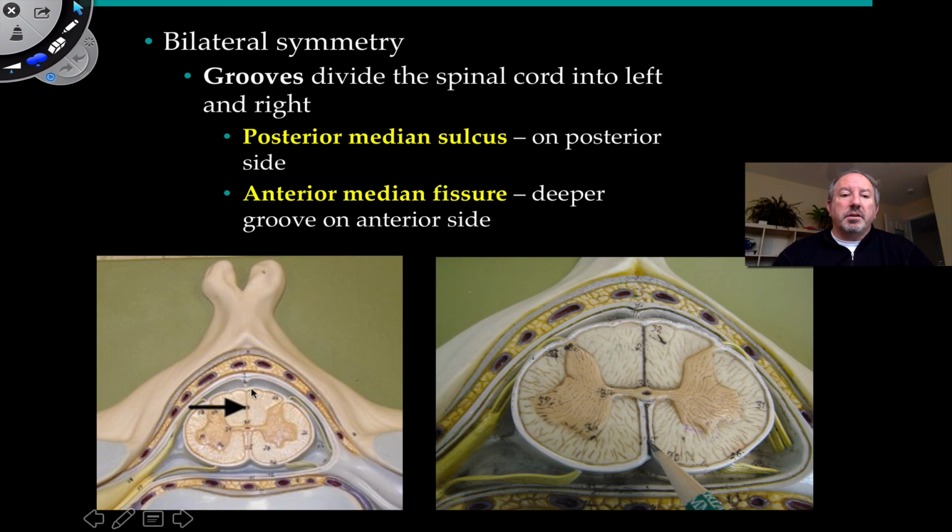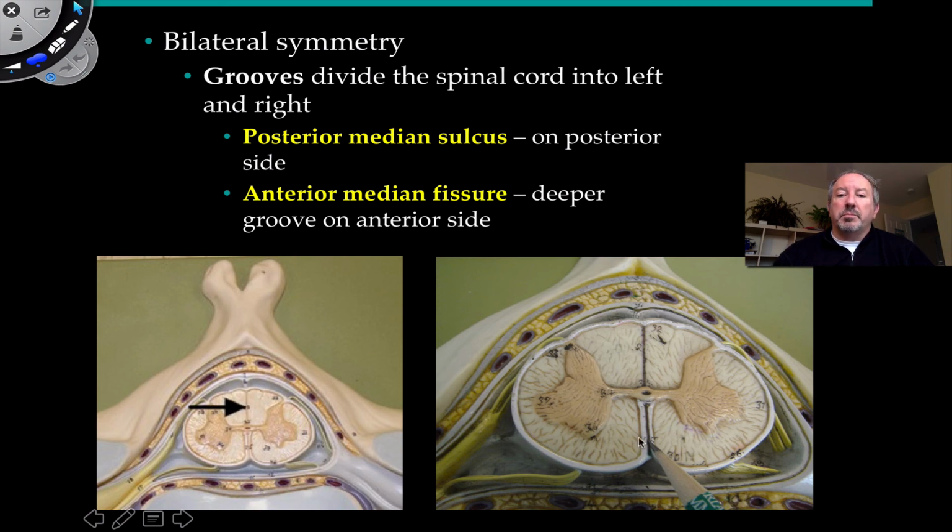If you look in this area right in here, you'll notice that there are two grooves that separate the spinal cord into two halves, and it's pretty symmetrical, bilateral, on both sides. And this groove right up here on the top is known as the posterior median sulcus.